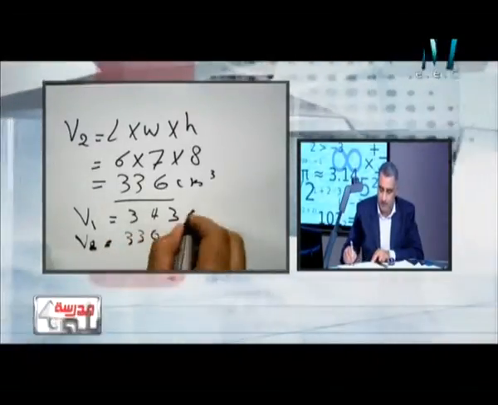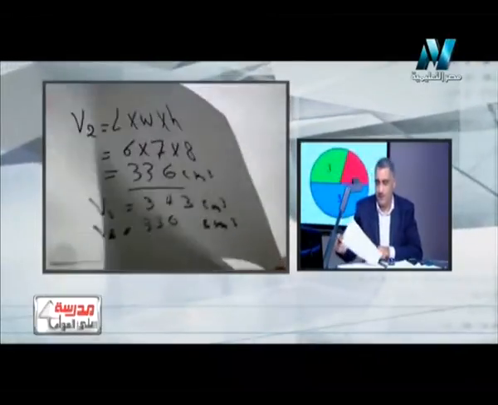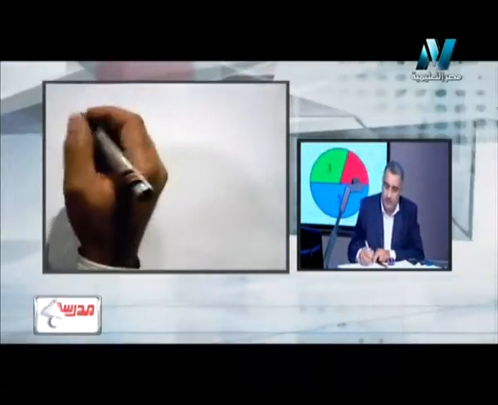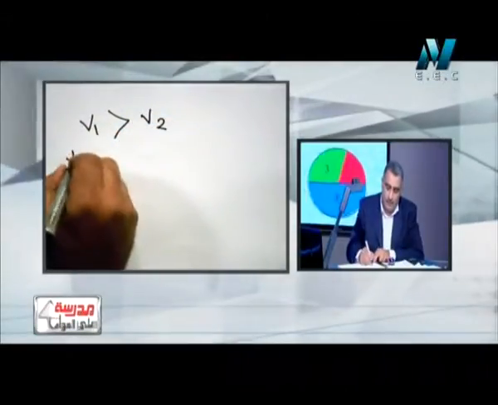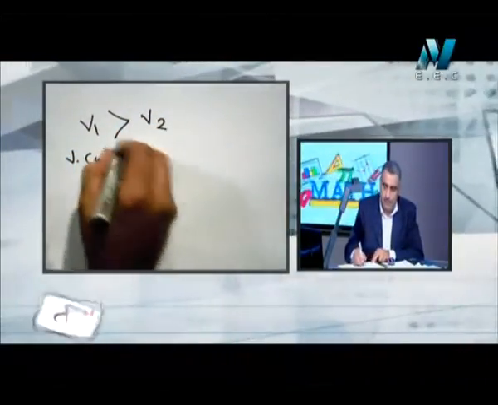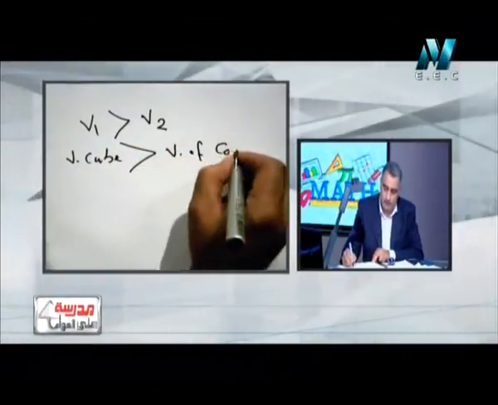So we have to write V1 bigger than V2: volume of a cube bigger than volume of a cuboid.